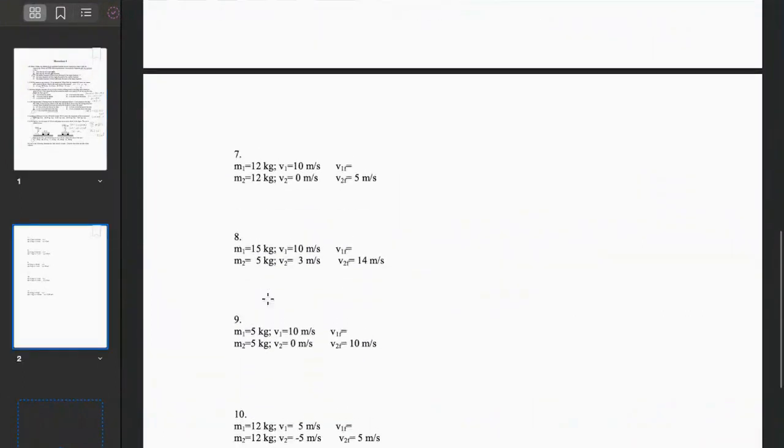Going to the back page. On the back page, we're going to set this up. These are collisions. We're going to do this as m1v1 naught plus m2v2 naught is equal to m1v1 final plus m2v2 final, maintaining our momentum. They give us m1, m2, v1, v2, and then v1 final, v2 final.